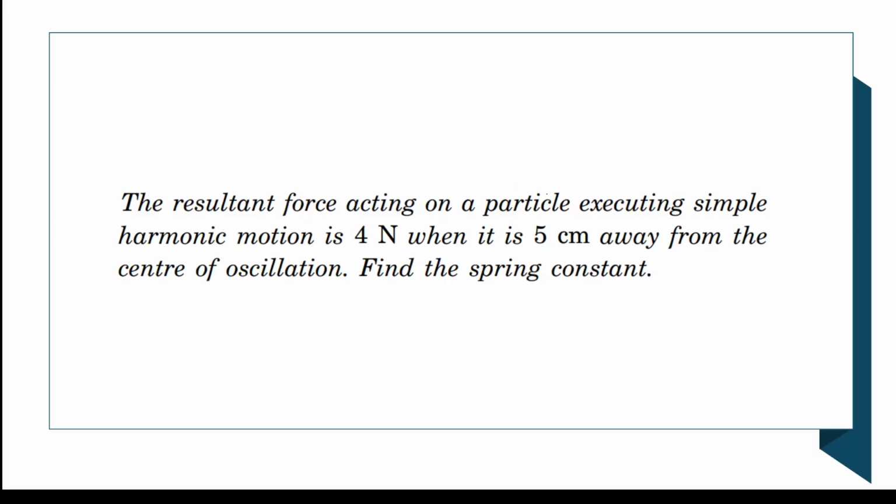So the resultant force acting on a particle executing simple harmonic motion is 4 newtons. So that's my force, which is 4. When it is 5 centimeter away from the center of oscillation, so x is 5 centimeter, converting into meters, find the spring constant or the force constant. Okay, so using F equals minus kx.